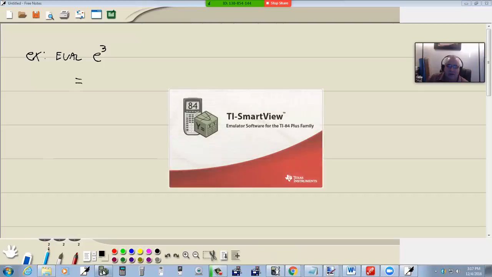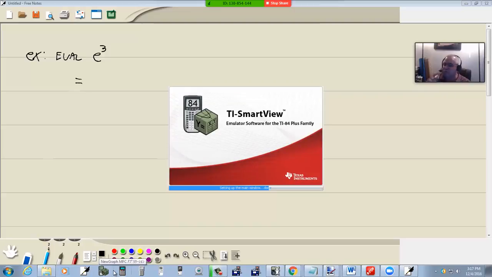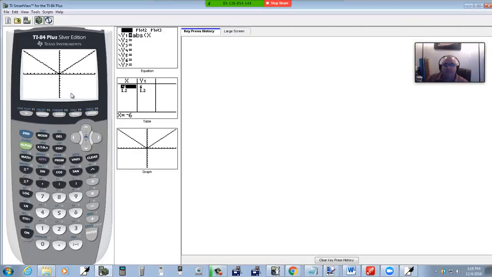So bring up my calculator. Okay. Now, if you're in graph mode, exit out, do a second mode.